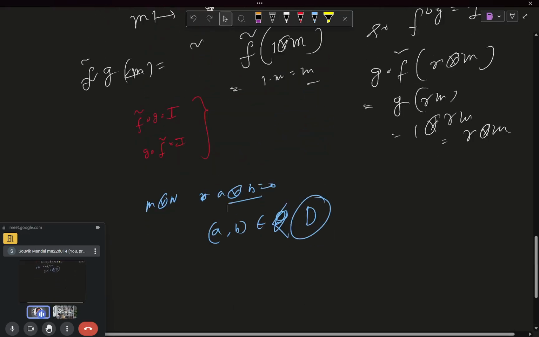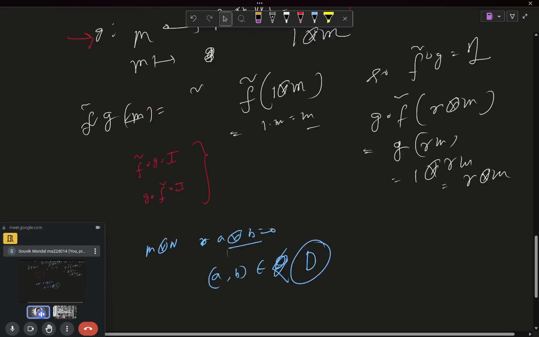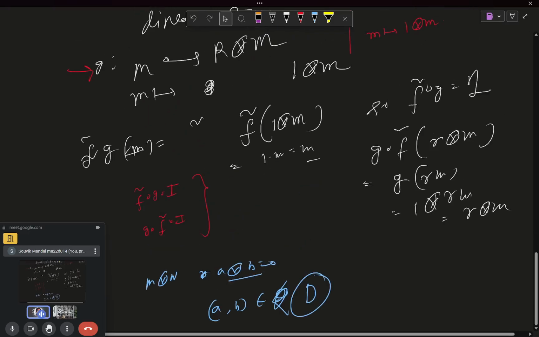See, once again, f tilde compose g and g compose f tilde are identified by the definition of tensor product. Yes, sir. So shall we move to the next problem?